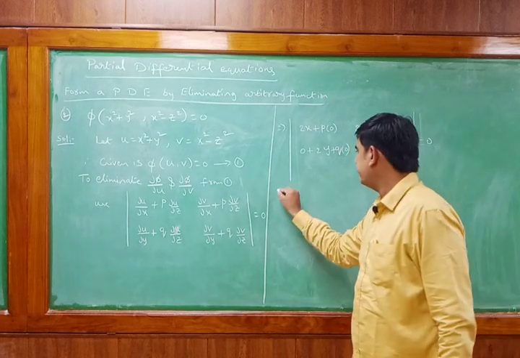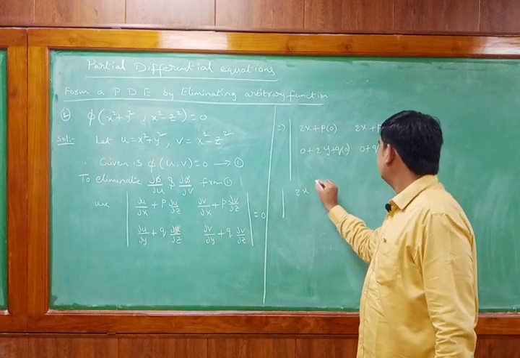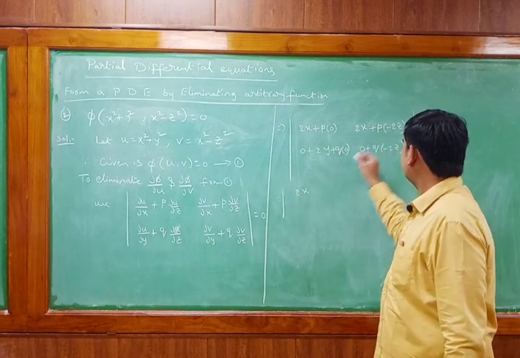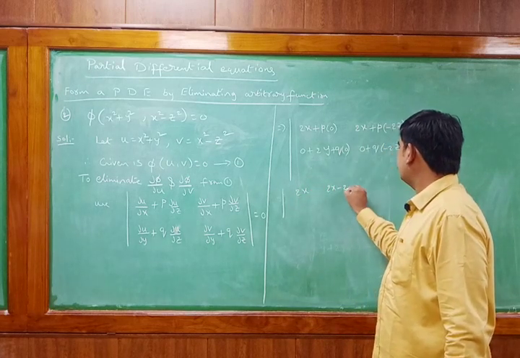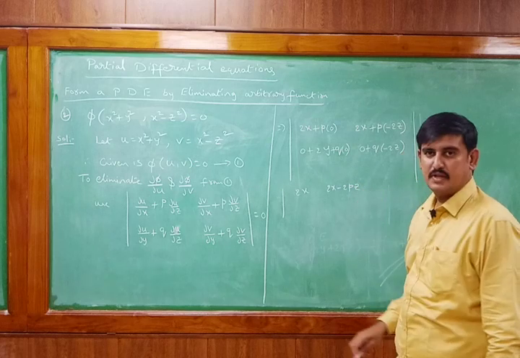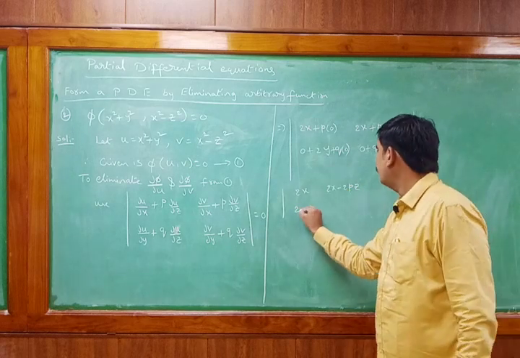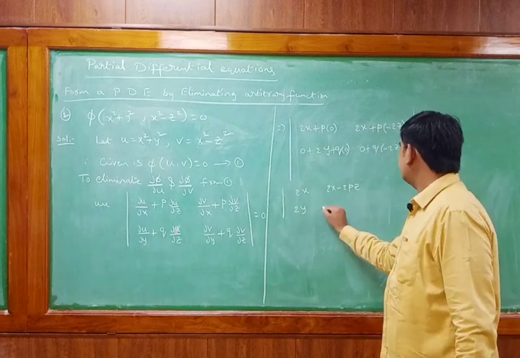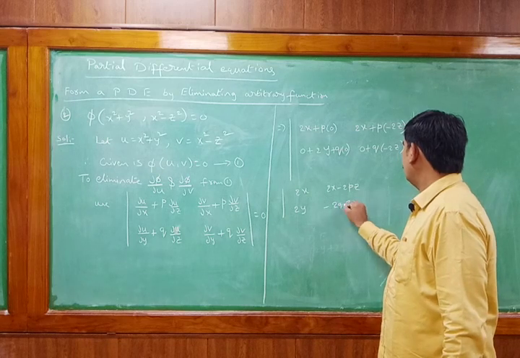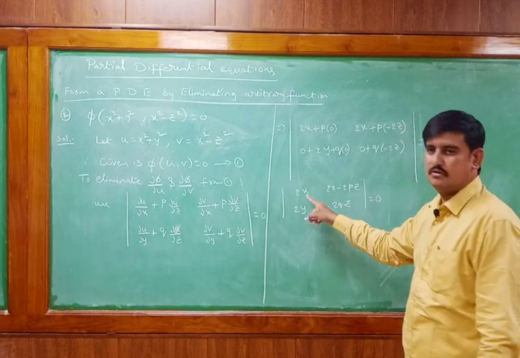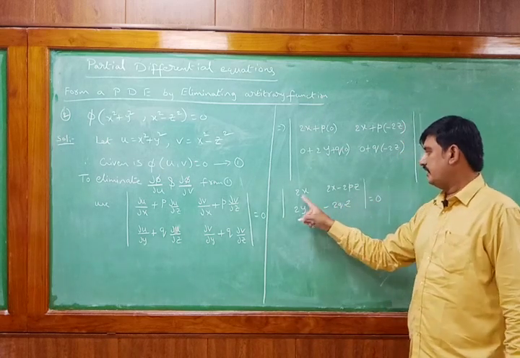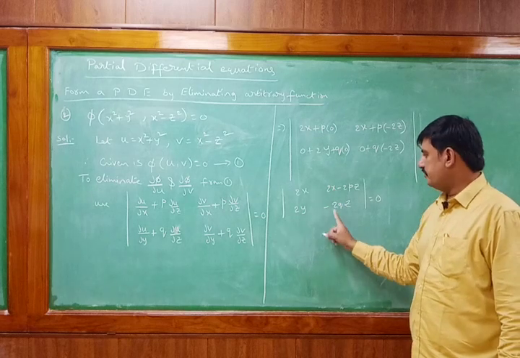So what do I get here? 2x, and here 2x minus 2pz, and this one becomes 2y and this one becomes minus 2qz, equal to 0. Now find ad minus bc.